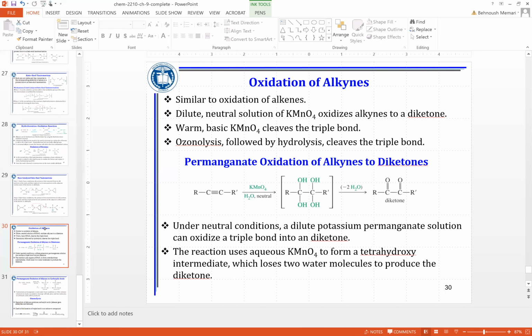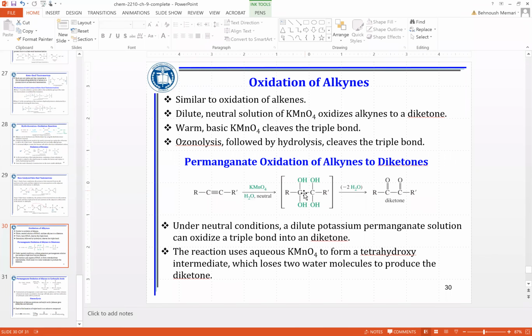Oxidation of alkyne. So what happens in oxidation of alkyne? You're adding oxygen. When you use permanganate at room temperature or neutral, it is going to only break the pi bonds. And when it does break, if it breaks one pi bond, it adds 2 OH. But if it breaks 2 pi bonds, it would add a double bond oxygen to each of the carbons.